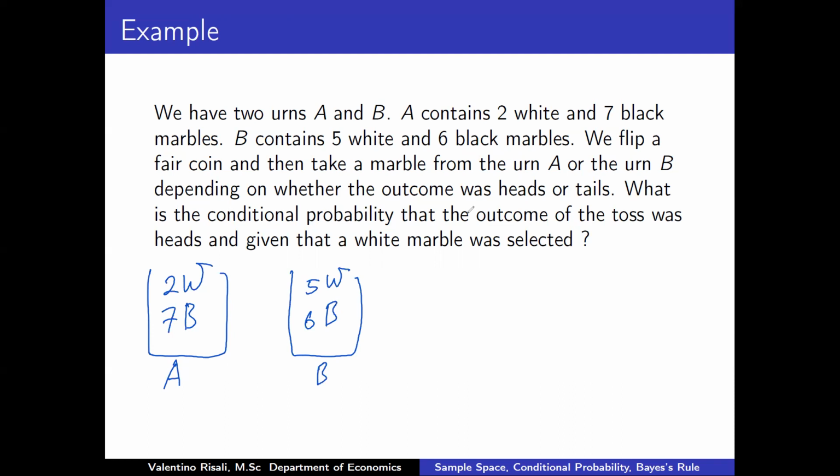And then to decide where we take the marbles, we flip a fair coin. So we take the marble from urn A or B, depending on the outcome of that coin. And then the question is, what is the conditional probability that the outcome was heads, given that a white marble was selected?